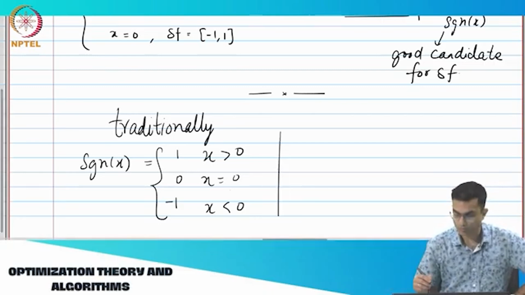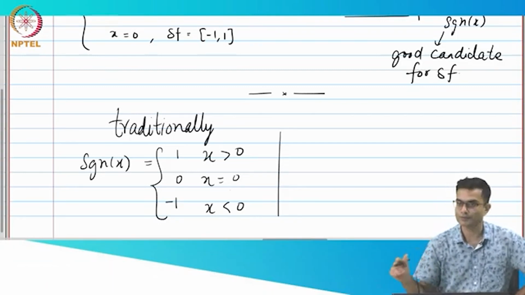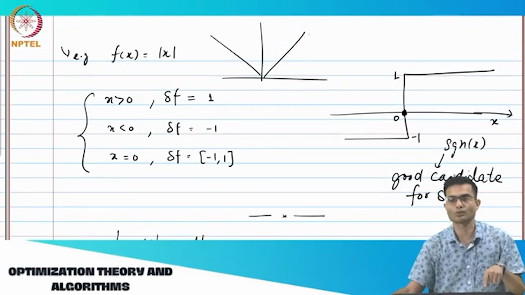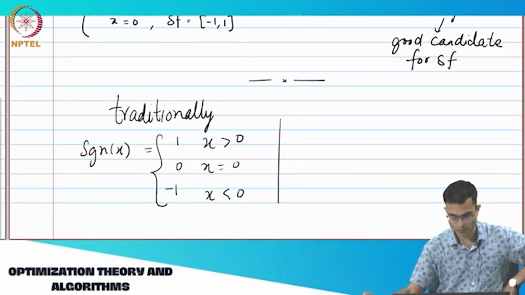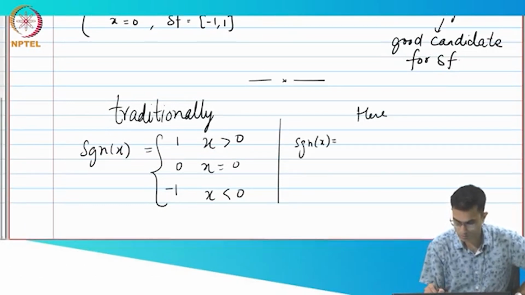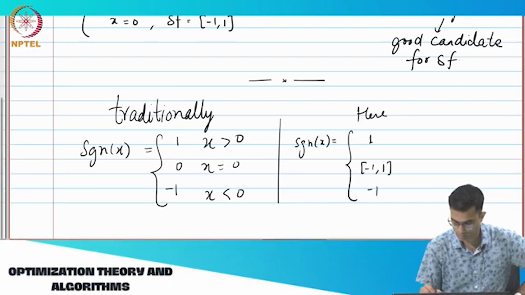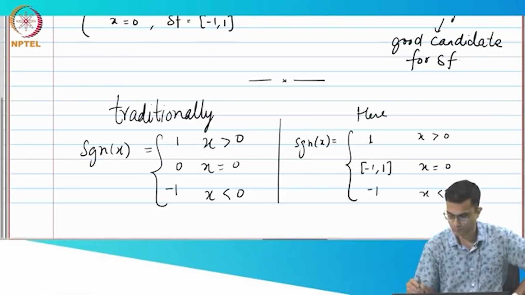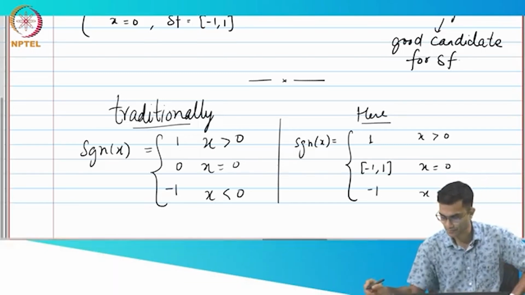Now in the derivation which we did yesterday, the signum function has a different meaning. It's much closer to the subdifferential, which is -1 to 1. This will clear a lot of the confusion that we were having.